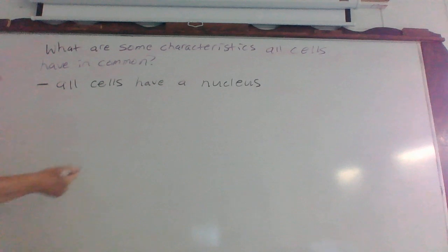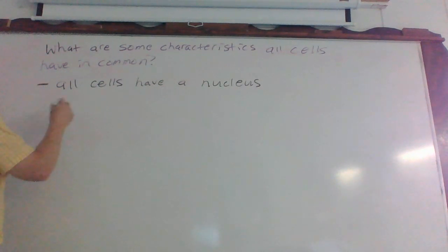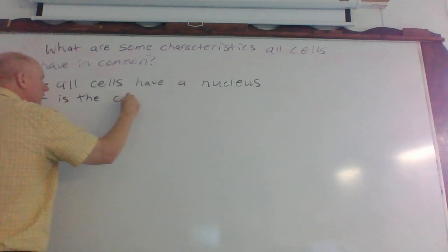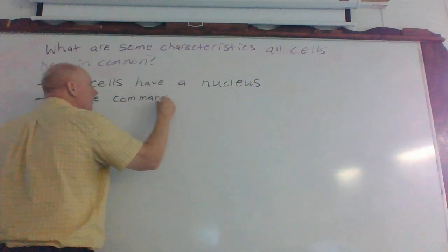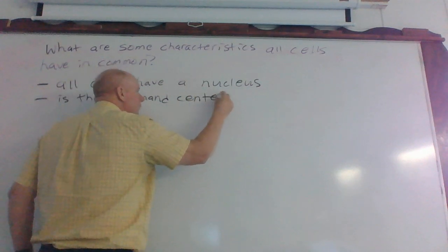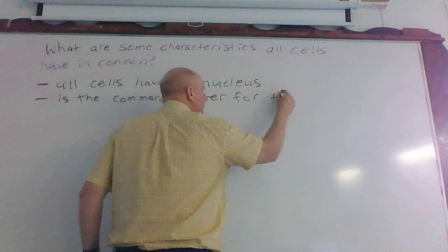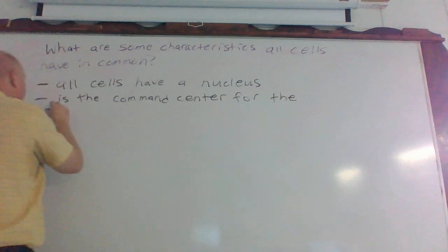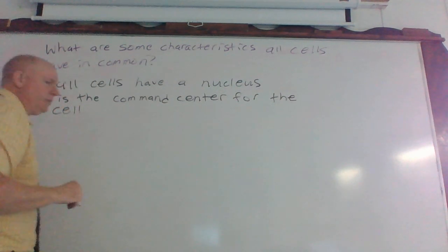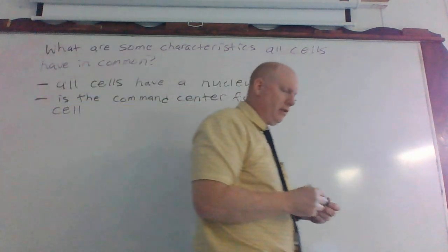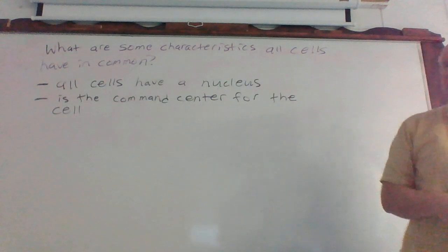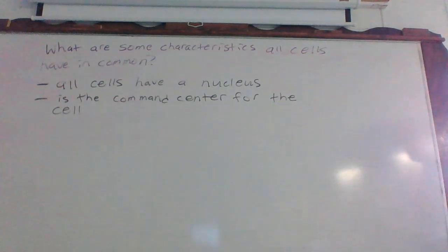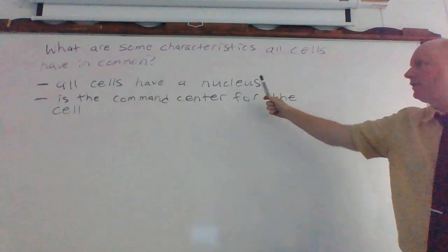So in regards to that importance is the command center for the cell. In other words, one of the things we maybe talked about was it directs all the cellular activities, because it's the DNA that's found inside of the cell that's so important when it comes to that of a nucleus.